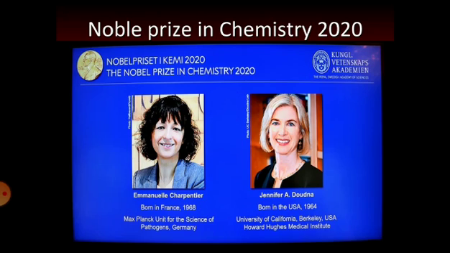The Nobel Prize in chemistry 2020 is awarded to the duo Emmanuel Charpentier and Jennifer A. Doudna, a French biochemist and an American biochemist. They got the Nobel Prize for the development of a gene editing tool, and this is a great success in chemistry or human science or human life.